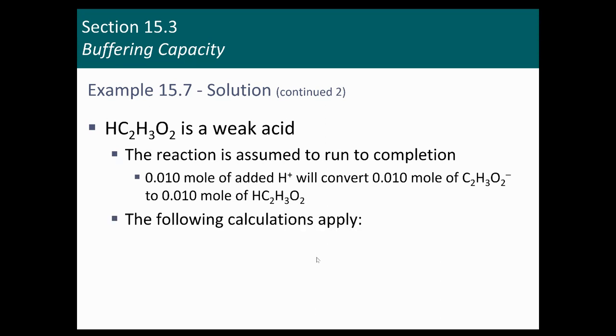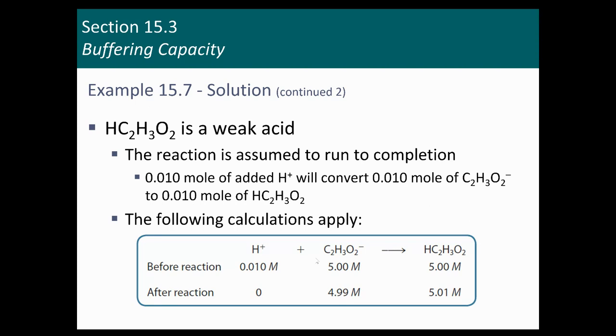So what this then is set up, this is stoichiometry. We start off with 1 liter of this buffer at 5 molar base, 5 molar weak acid, and we add 0.010 molar of H plus. And what's going to happen here is that the strong acid is our limiting reagent because it's less.